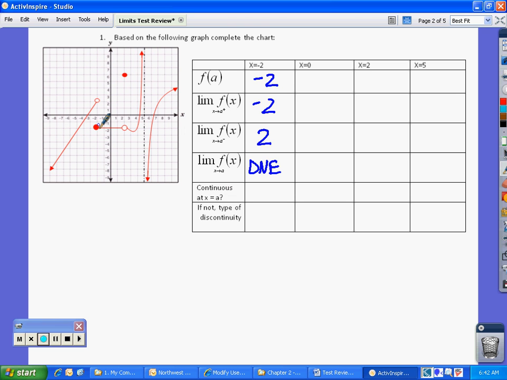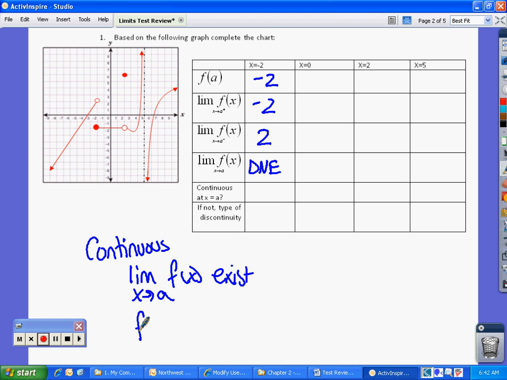Okay, based on this information, is it continuous at a? If you remember, the criteria for something being continuous based on limits were that the limit as x approached some value a of f of x had to exist. The function evaluated at that value had to exist.